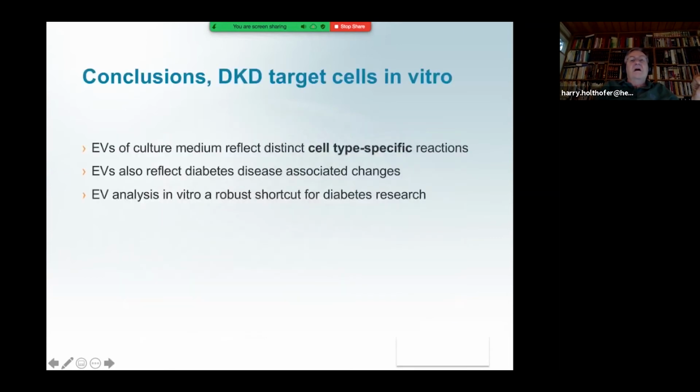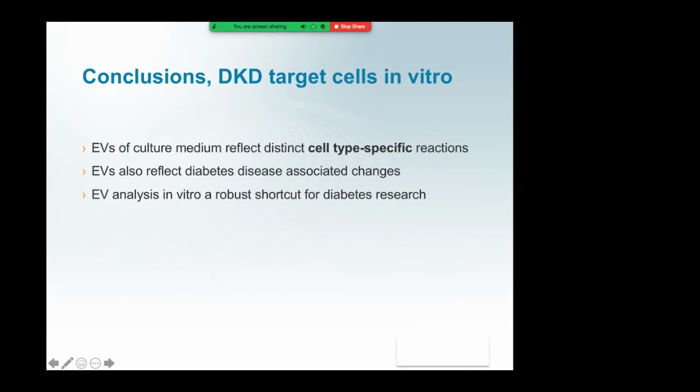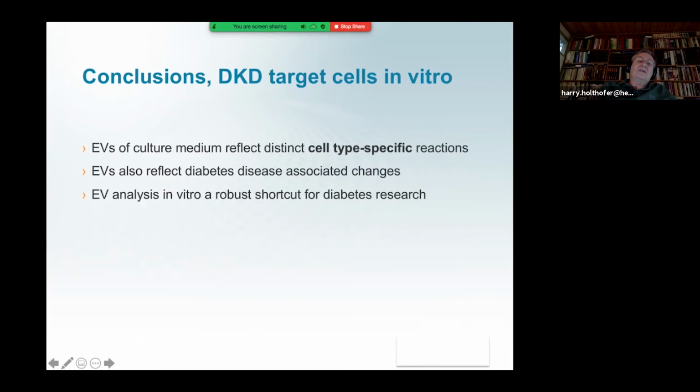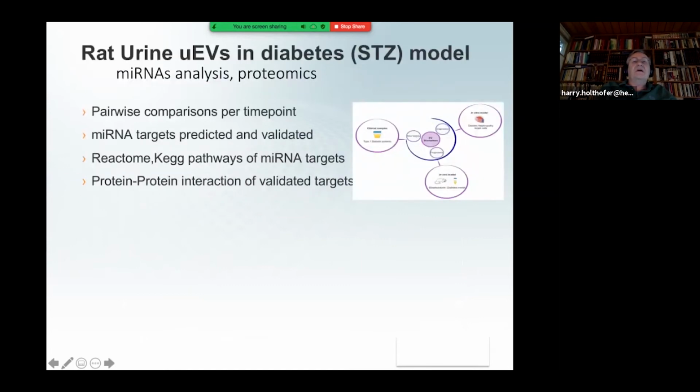Yes, indeed, the extracellular vesicles in the culture medium reflect the cell type specific reactions, also the diabetes conditions in each of these, and they seem to be a nice robust shortcut to diabetes research.